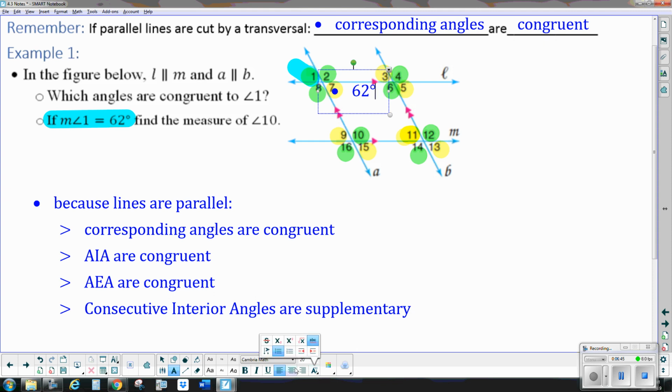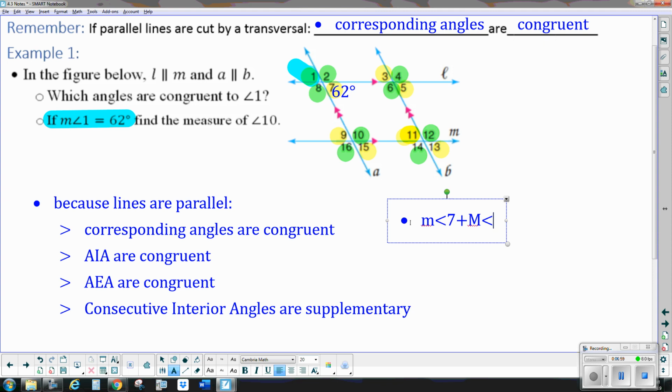And if angle 7 is 62 degrees, then angle 10 has to be 118 degrees because we know that the measure of angle 7 plus the measure of angle 10 has to equal 180, because these two angles are consecutive interior angles.